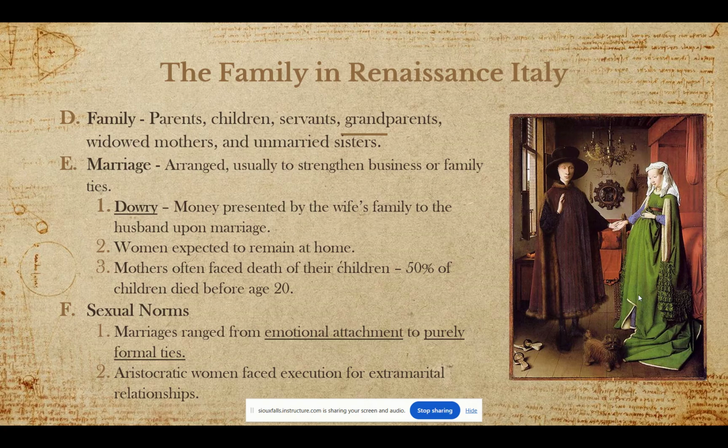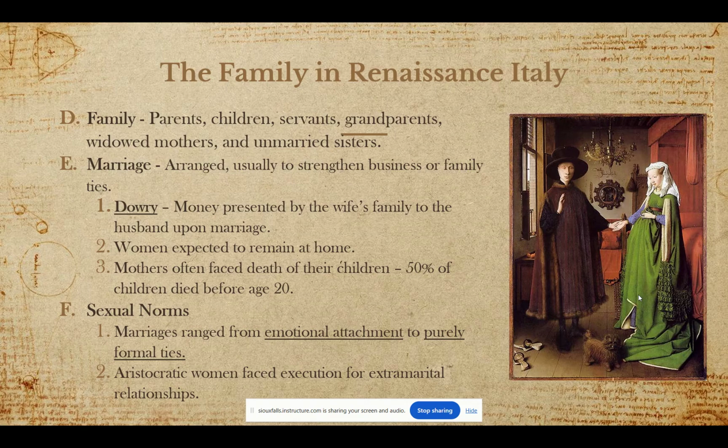Now, sexual norms during the Renaissance. Remember, these people are still living in a very Christian society, but there were different norms for men and women.